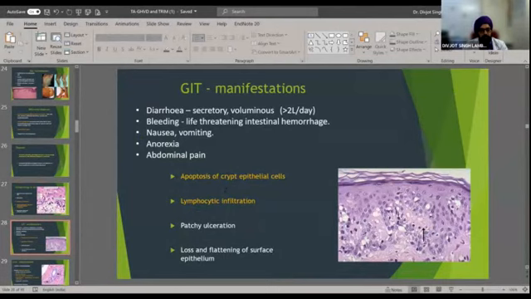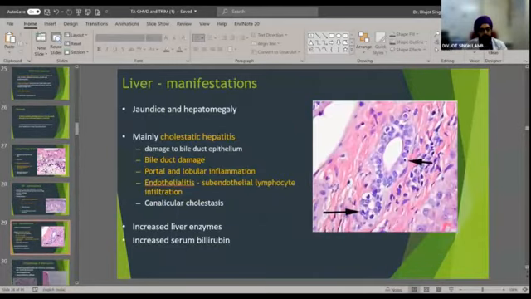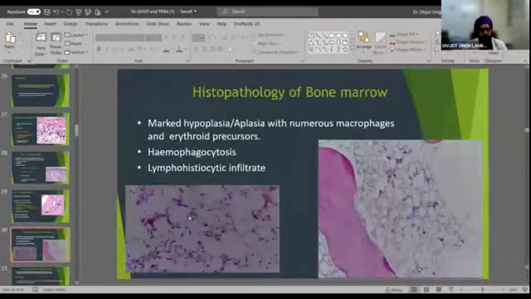In GI manifestations, there is secretory, voluminous diarrhea, which can be as large as greater than 2 liters per day, bleeding, life-threatening intestinal hemorrhage can also occur, and abdominal pain. In the histopathology, there is lymphocyte infiltration and apoptosis of the epithelial cells. In the liver manifestation, jaundice and hepatomegaly, increased liver enzymes, increased serum bilirubin.